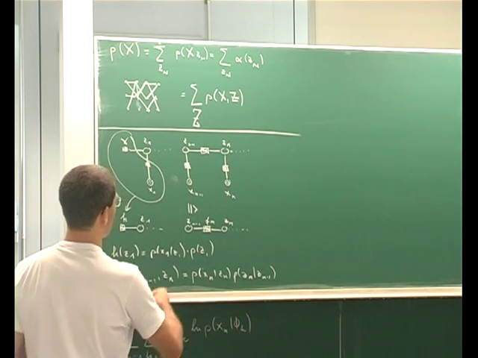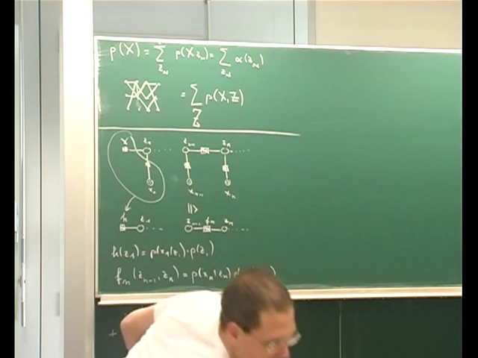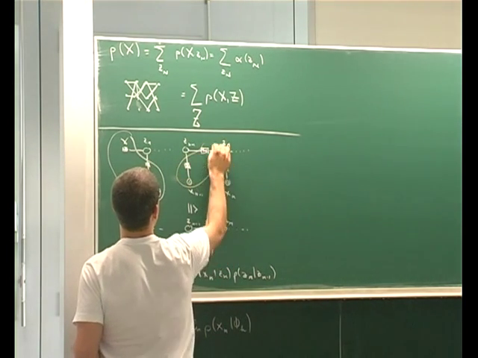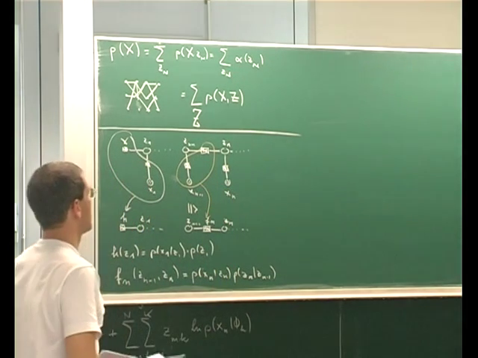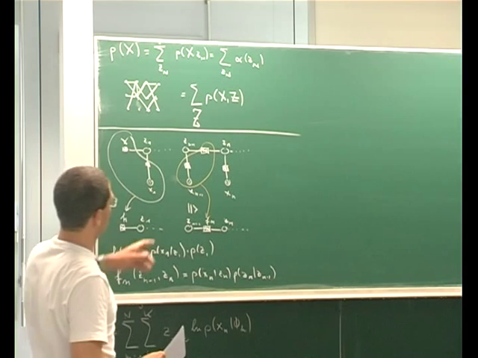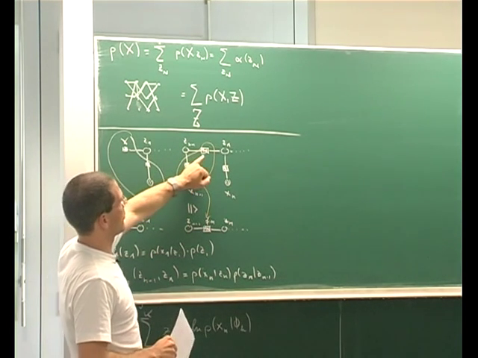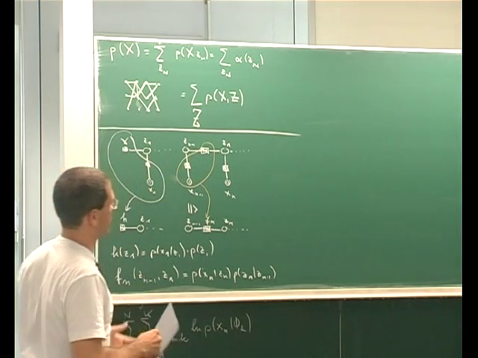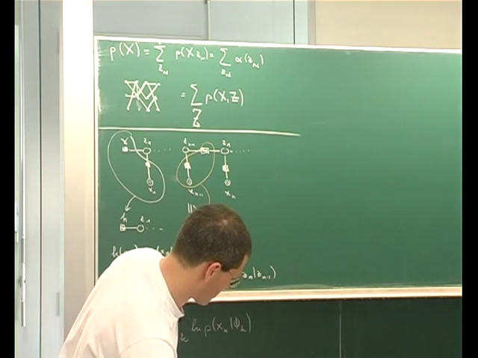So all of that has been integrated into this factor here. And that is possible because the scope of this factor was a subset of the scope of that factor, so we can always subsume it under this bigger factor.